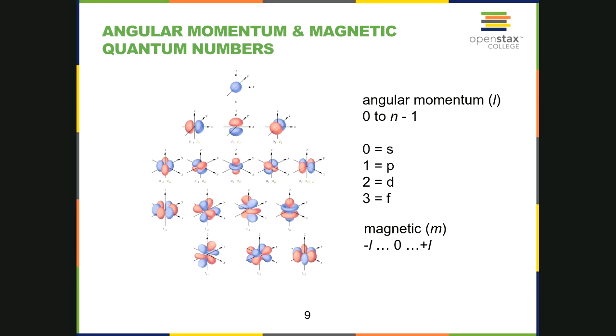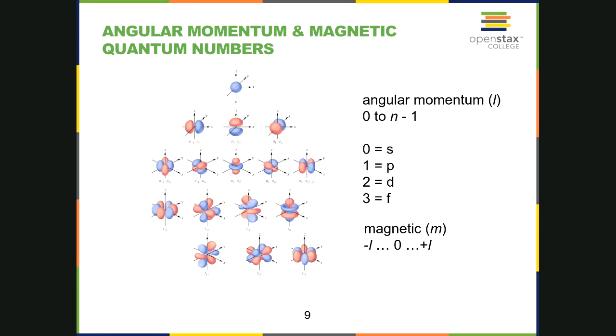And then we got into angular momentum quantum number, which has to do with the shape of the orbital. And it can be any number starting at 0 and going to whatever the principal, or n, is minus 1. So if n is 1, then you can only have 0. Or if n is 2, then you could have 0 and 1. We did that previously. And then we talked about how these convert to 3 or 4 letters: S, P, D, and F, 0, 1, 2, and 3.